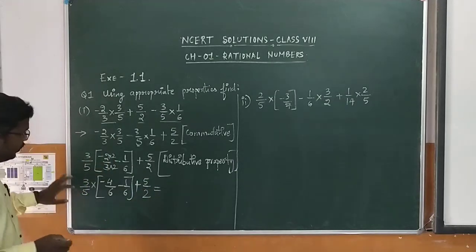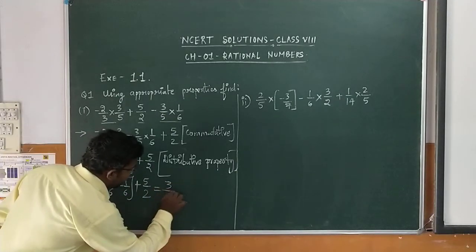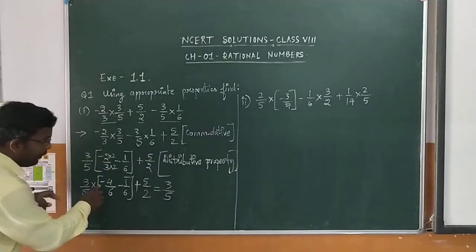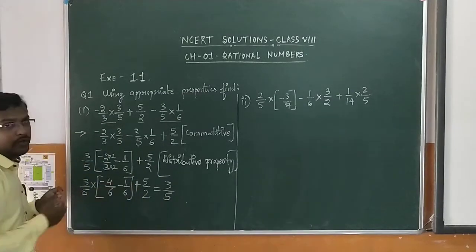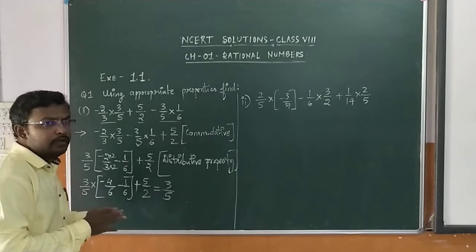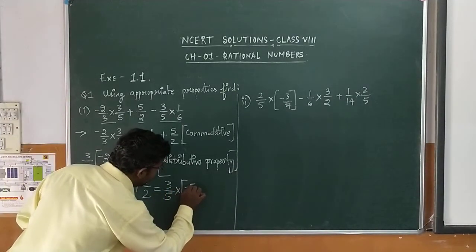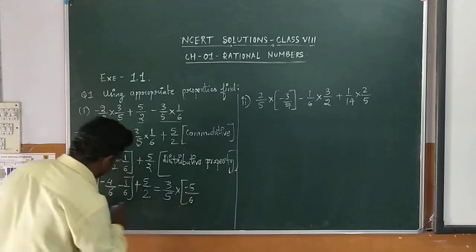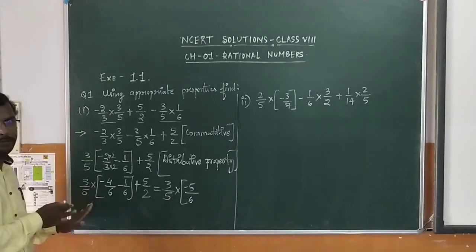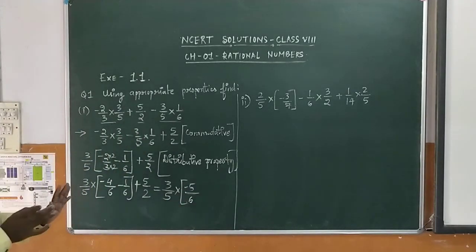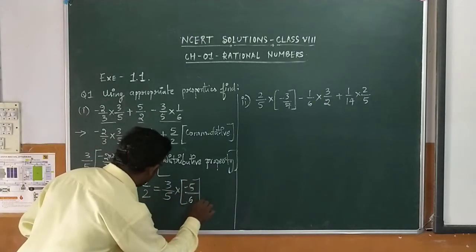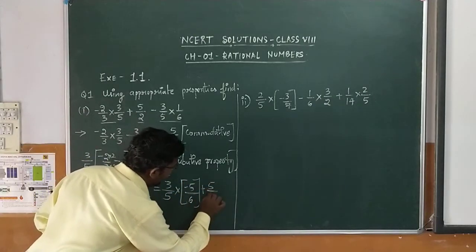Now 3 by 5 stays as it is, and minus 4 minus 1 gives minus 5. We should not add denominators, we keep that as it is. So minus 5 by 6 plus 5 by 2.